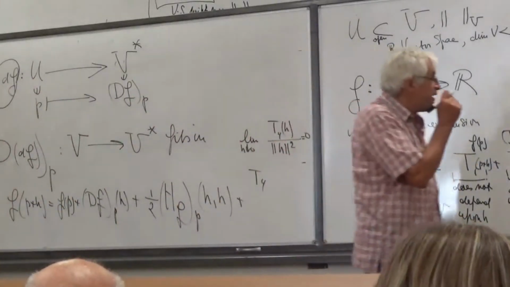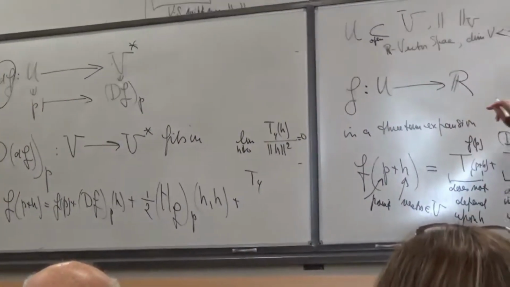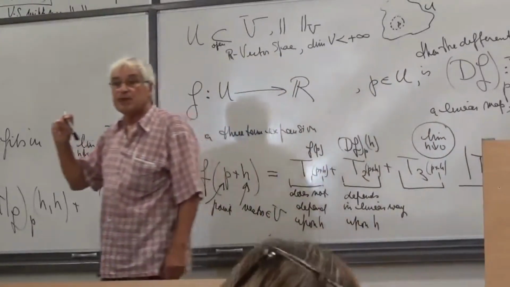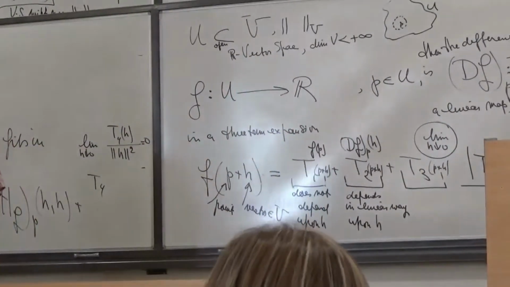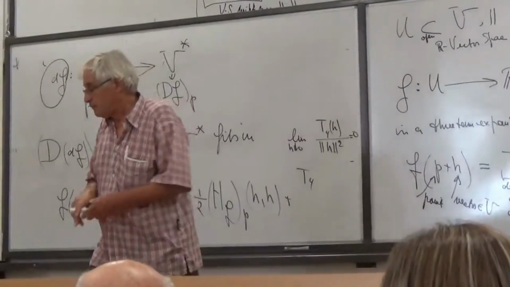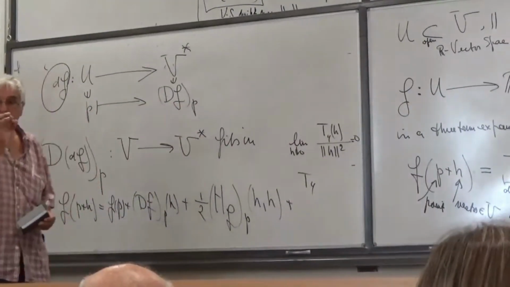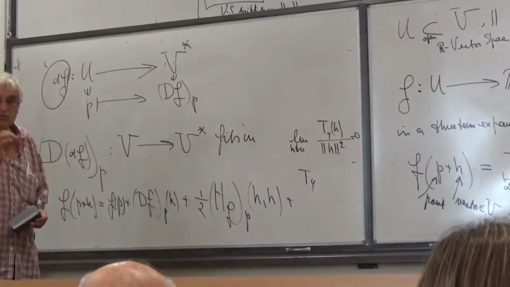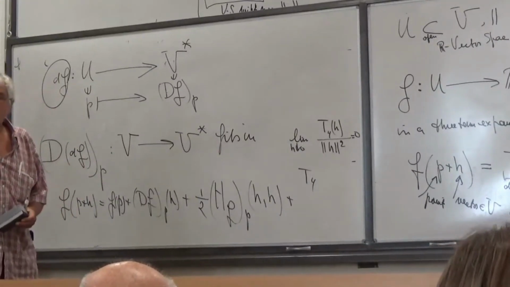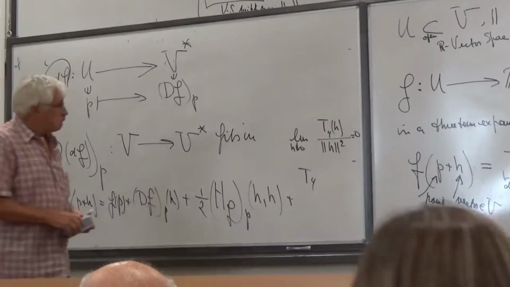Now the question is, imagine we know something about the differential. Can we say something about the function? I told you the differential is needed to have local information about the function. That's all.